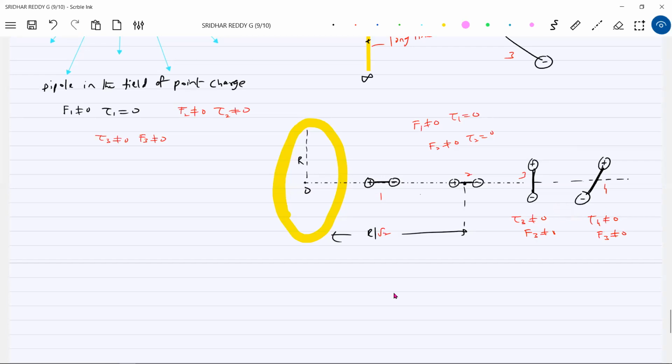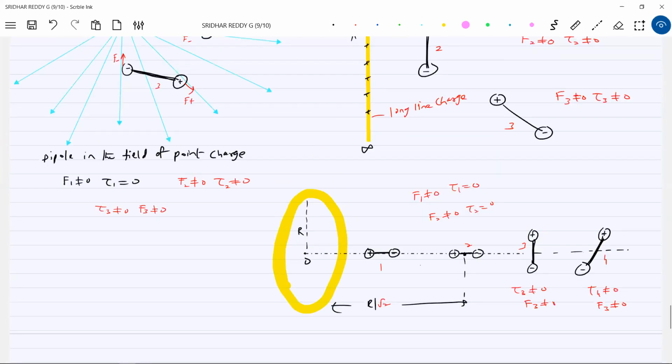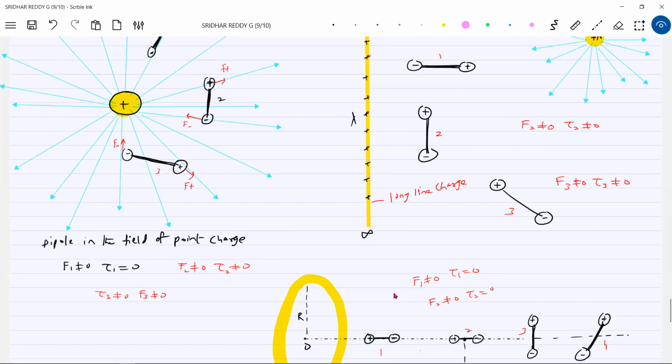Okay, now the dipole kept in the field of different charged objects. Now, a dipole present in the field of a uniform charge sheet. I think it is similar to this one only, no? Uniform electric field we have already studied.